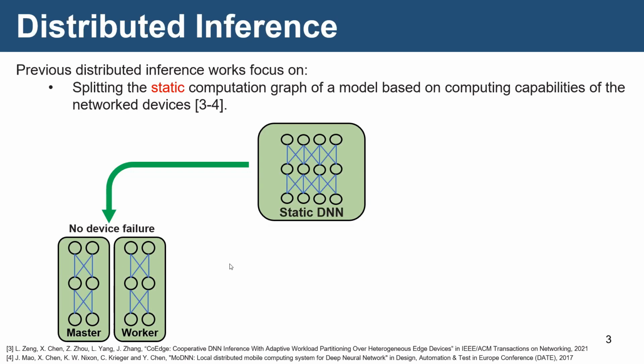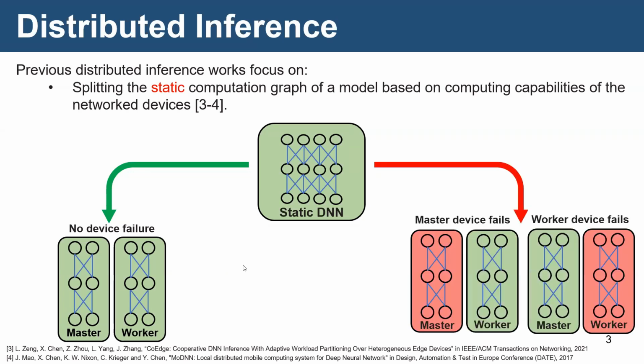This is the case when no device failure happens. However, at system runtime, a device could fail. The master device could fail, and the worker device could also fail. Because we are running a static DNN model on these devices, during inference all the model weights must be used. Otherwise, we get a random result. Here, we have half of the model weights on one device and half on the other.